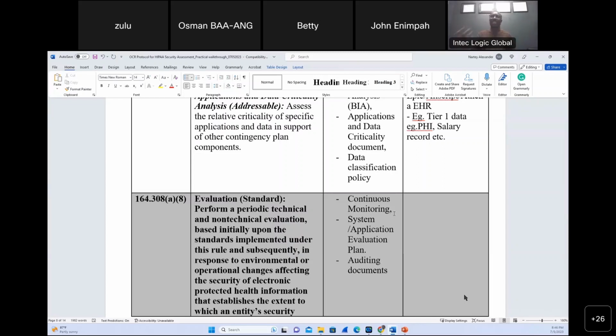Are the applications working effectively? Are they secure? Auditing your systems. So evaluation covers that. And here, those are the documents you can request to see whether they are evaluating their environment continuously. Then you want to check how often systems and applications are tested or evaluated.